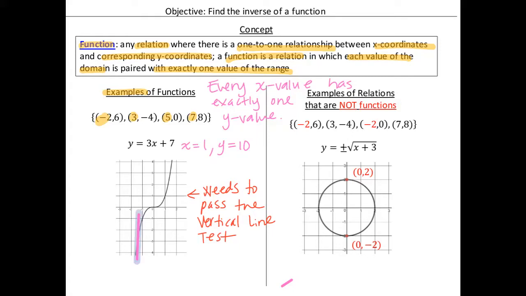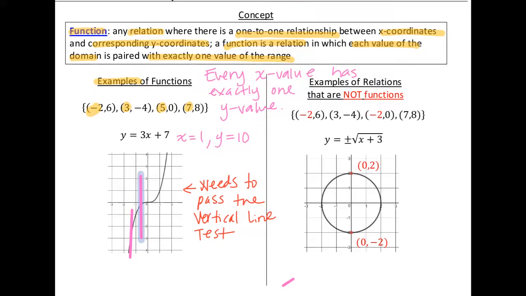So if I have this line, then I have this line, and I just keep going through vertically with a whole bunch of different lines. My curve will only touch the vertical line one time. That's what the vertical line test means. If I take a pencil, for example, and I just go straight across the graph like this, then I'm only going to touch the curve one time on my vertical line all the way across. So then that means it passed the vertical line test, okay? So then it'd be a function.